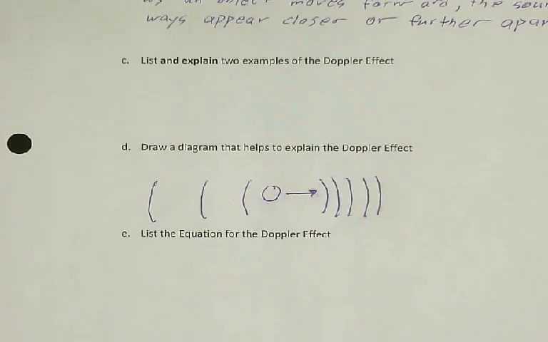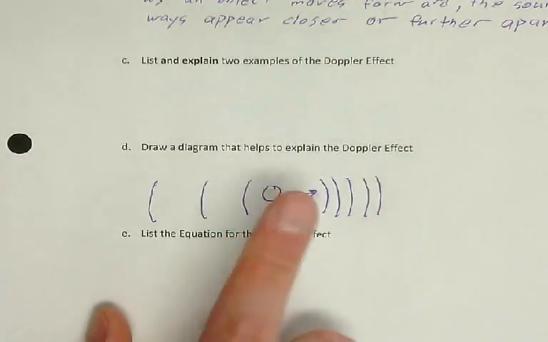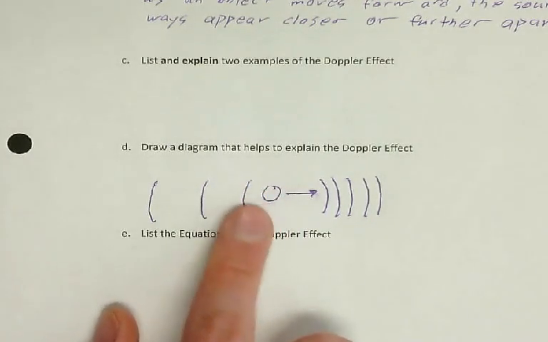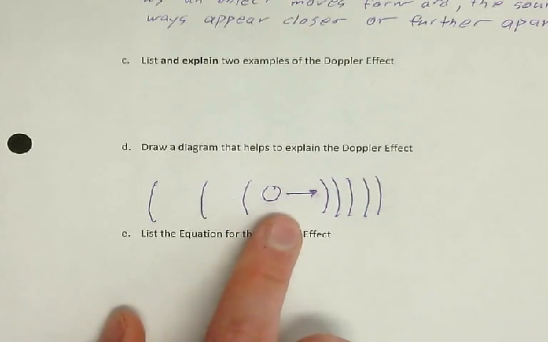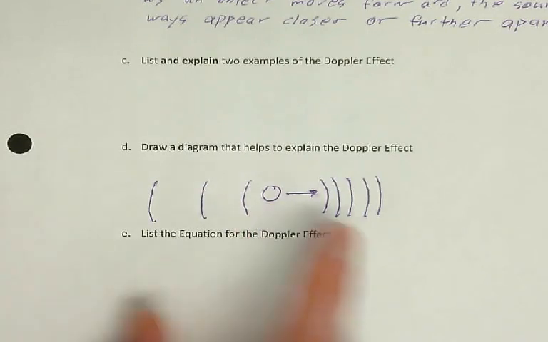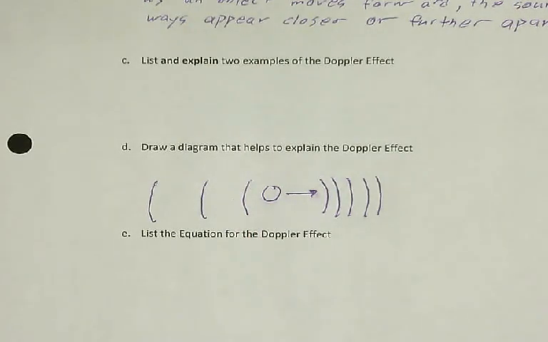I want to also make a note that it doesn't have to be the source moving. It could be the observer moving too. So if you move towards an object that was creating a frequency, you would also hear it more often. So if I go back to this demo and I put the airplane in the middle so it's not moving, if I move my mouse towards the airplane, I'm going to hit the waves more often than I would if I move my mouse away from the airplane.